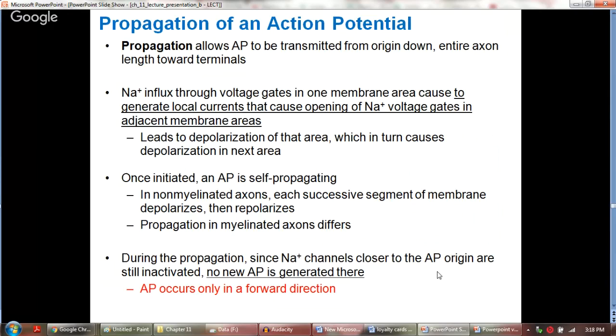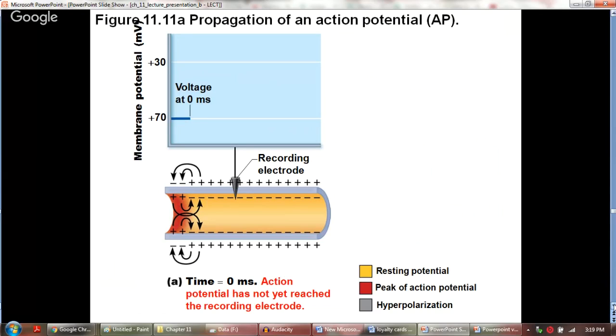That will allow the action potential to happen in the forward direction. So there's no new action potential generated where it originated, but there are some exceptions we will see.